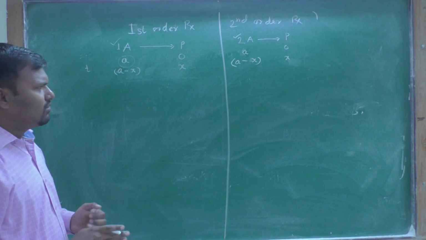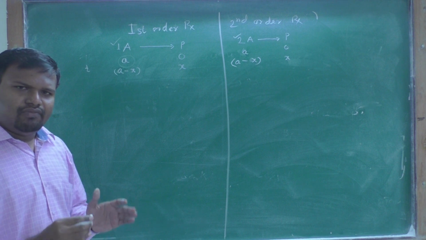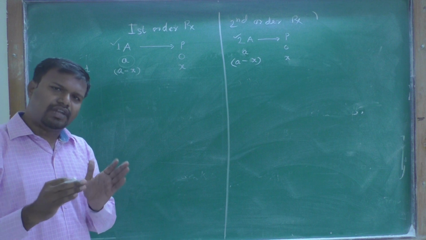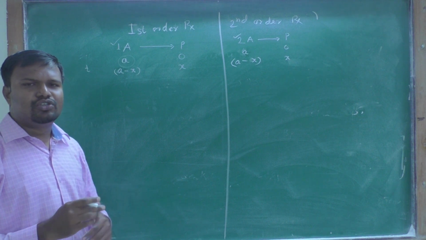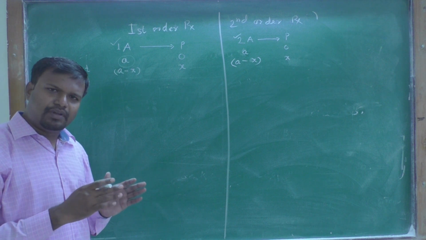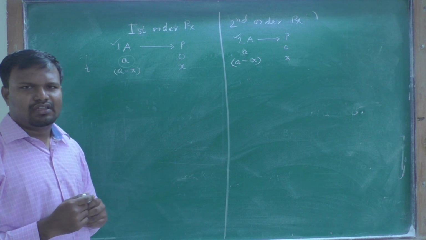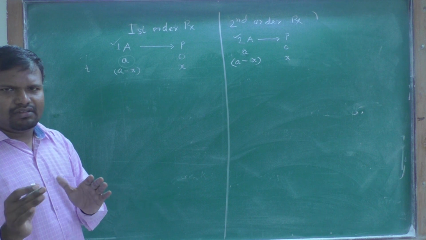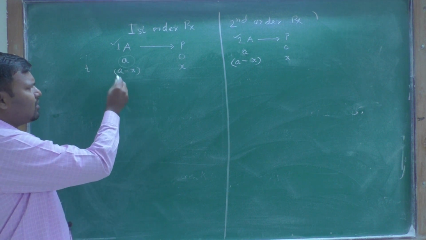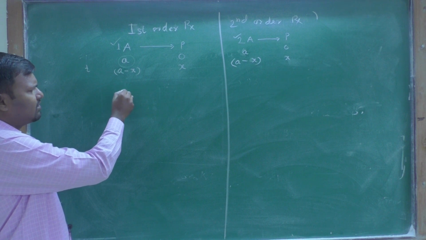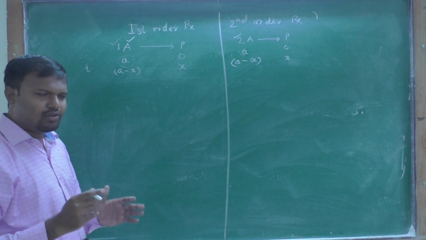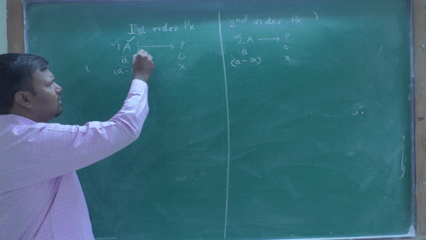Then we know the rate law. As we saw in the previous lecture, the rate of disappearance of reactant also gives the rate. Therefore we can write it like that: for the reactant, the quantity goes on decreasing.